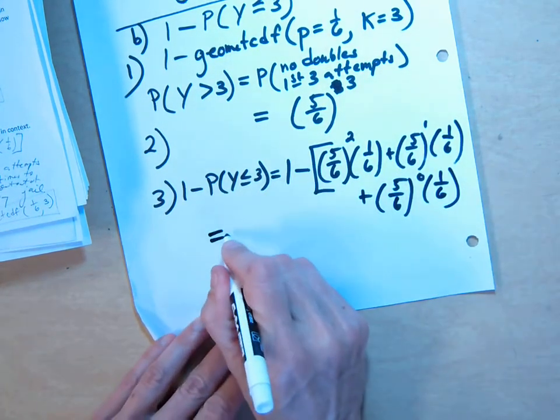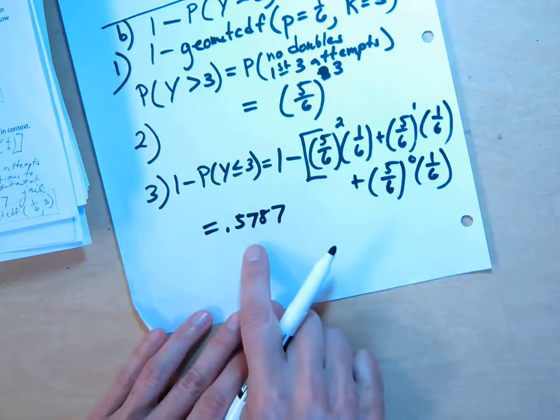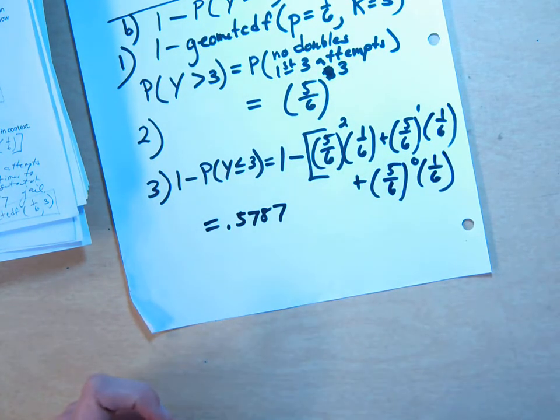You should get about 0.5787. So about 58% of the time it would take more than 3 attempts to roll doubles to get out of jail.